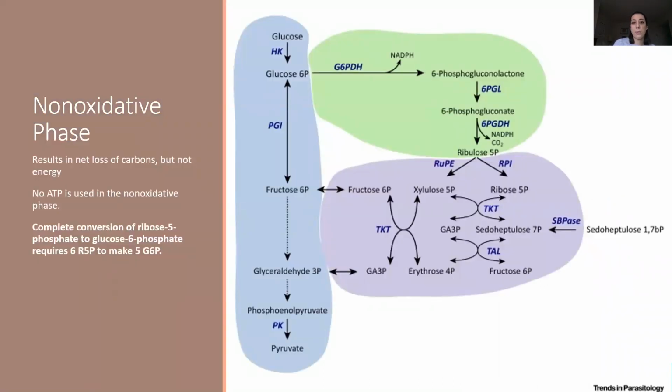Here's a closer view of what that looks like. Remember, here is our oxidative phase. This is a breakdown of glucose 6-phosphate to make ribulose 5-phosphate. And during this process, remember, we generate some nice NADPH, 2 NADPHs, and a CO2. So 2 NADPHs and 1 CO2 are generated during the oxidative phase.